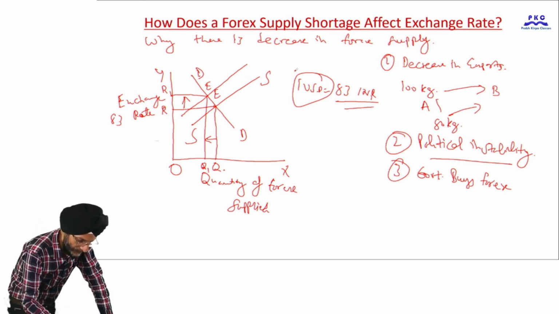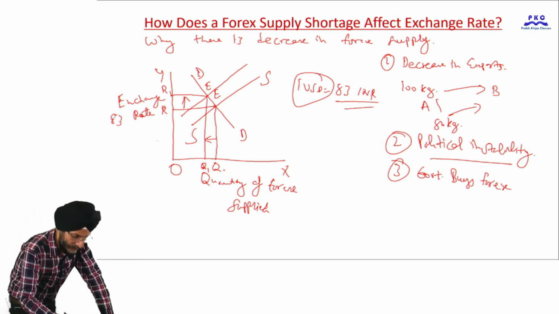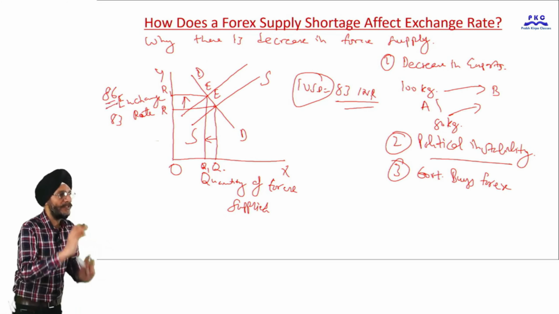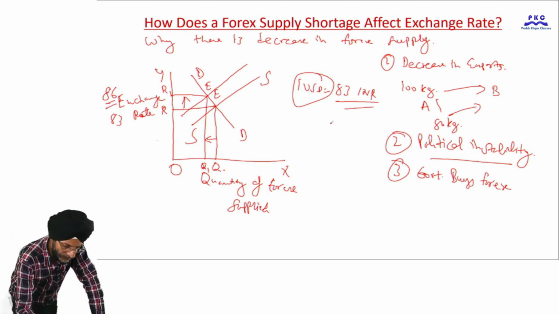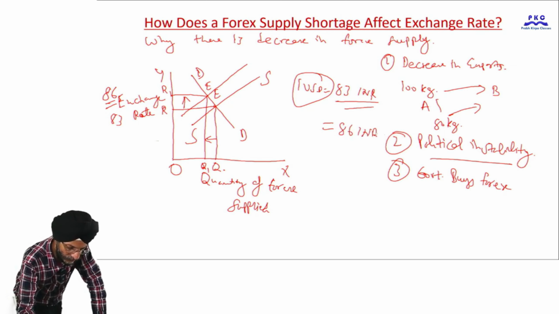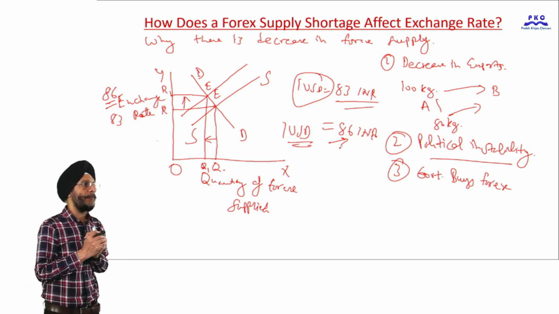It means that earlier we used to pay 83 to get $1. Now we have to pay say 86. We are just taking example. Earlier we were getting $1 for 83 rupee, but now to get $1 we will have to pay 86 Indian rupee.